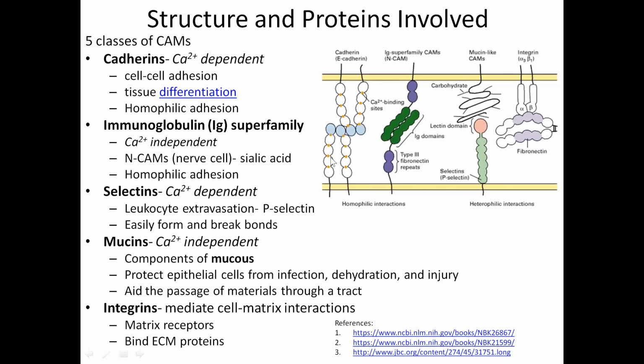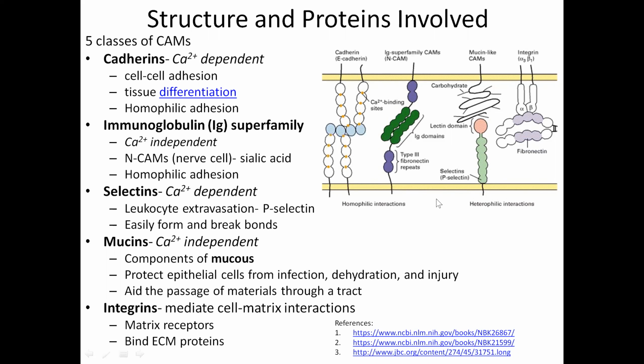There's also the immunoglobulin superfamily, which are calcium independent. They involve nerve cell CAMs, which have long chains of sialic acid, which is a type of sugar that binds together. So you can see that here. They mostly do homophilic adhesion.